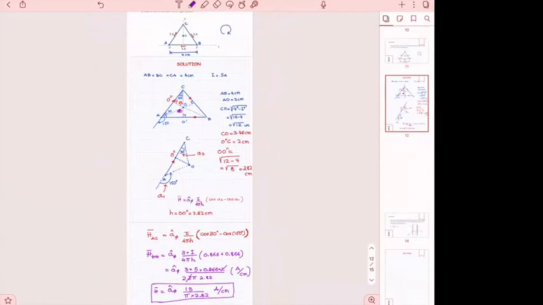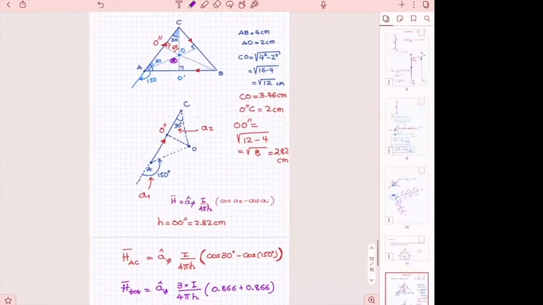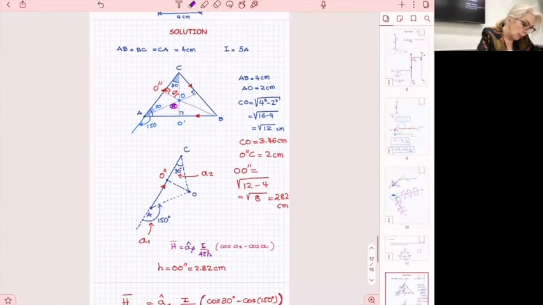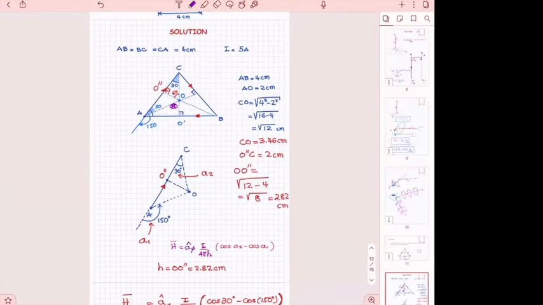Professor, I had a quick question. Yes. For the value of CO, you used 3.46 centimeters in the initial picture right there. Doesn't that CO refer to the distance from the top of the triangle to O prime?